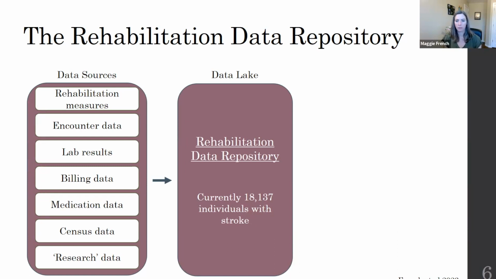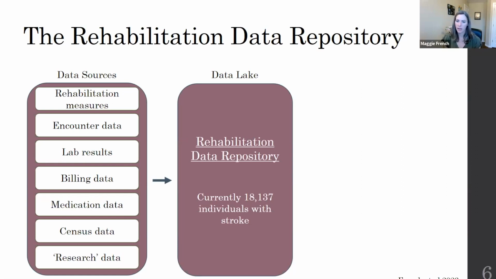So for example, we have rehab specific measures. If you're a PT, you can think about this being things like gait speed. If you're an OT, maybe you're thinking about something like box and blocks. And if you're a speech therapist, maybe something like R-bands. We also have information about when people make an encounter with our healthcare system.